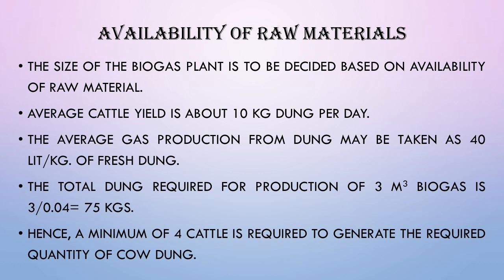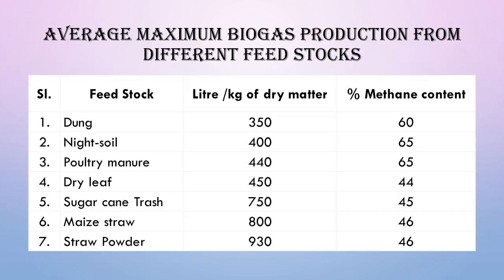The total dung required for production of 3 meter cube biogas is 75 kilograms. Hence, a minimum of 4 cattle is required to generate the required quantity of cow dung. This table shows the average maximum biogas production from different feedstocks.